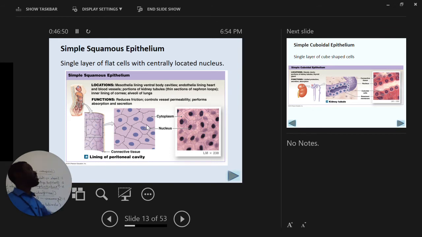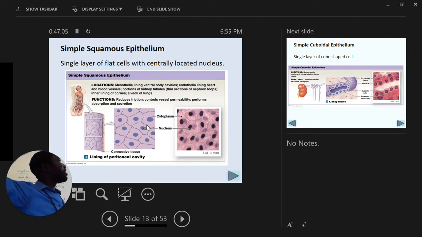Now, these are actually epithelium. There's no epithelium that is just simple epithelium by itself. But we have epithelium that is simple squamous. Now, if it is simple squamous epithelium, what does that mean? How many layers does it have? What is the shape of the cell? Flat. So it's a one layer, a single flat epithelium.